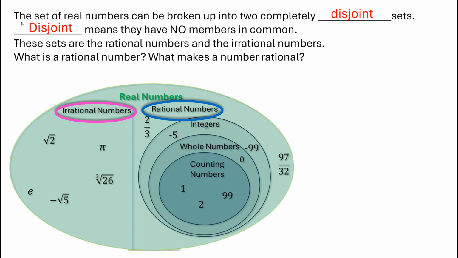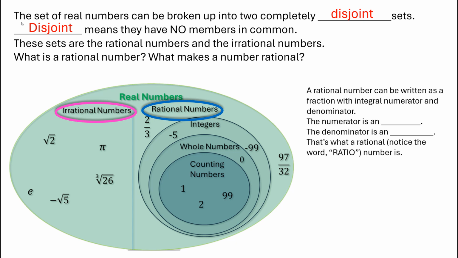Well, there's a definition for rational number. A rational number can be written as a fraction with integral numerator and denominator. So rational refers to a ratio, and a ratio is usually represented as a fraction. So that's why they're called rational numbers, because they're all the numbers that can be represented by a fraction with integral numerator and denominator.